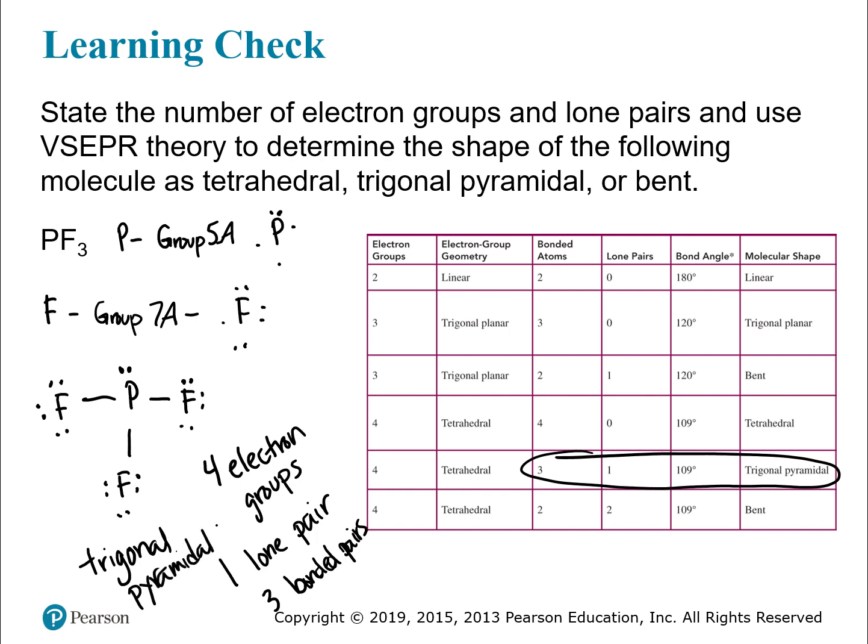But the shape is trigonal pyramidal because we've got, let's see if I can draw this pyramid. We've got a lone pair as one of the points. So we don't count that when we're looking at the shape.